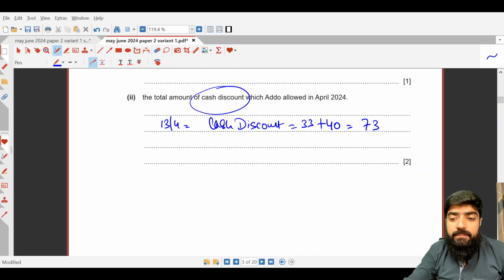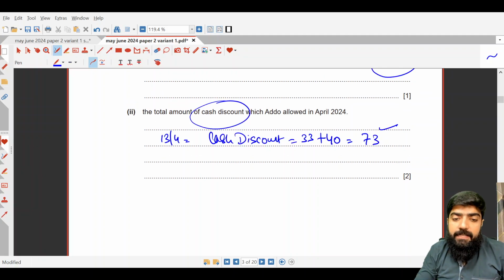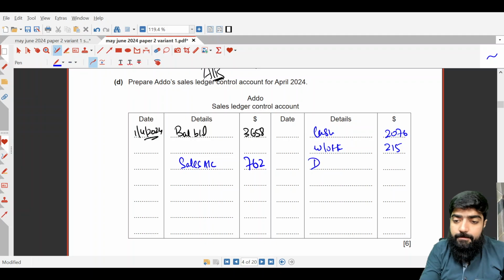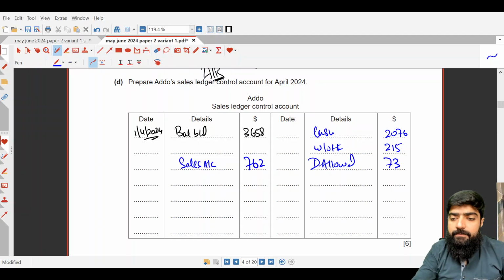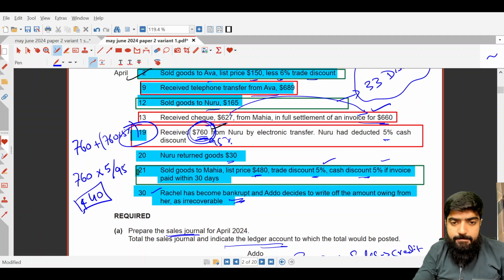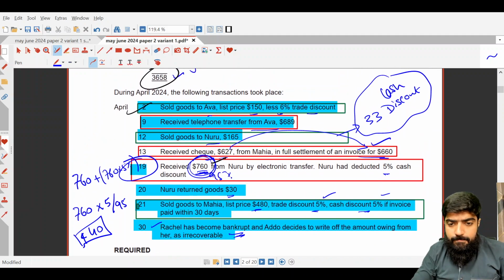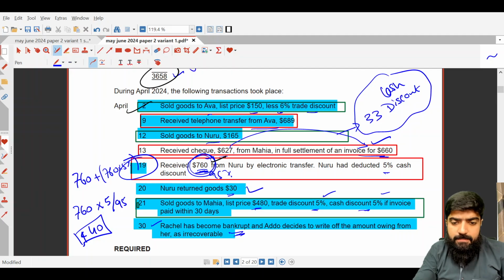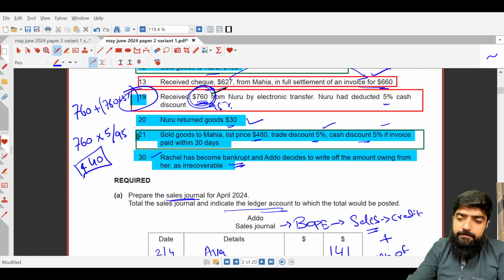Then we have the discount allowed, that is 73. And then we have a return as well. Yes, there is a return of $30. Return of $30, right?